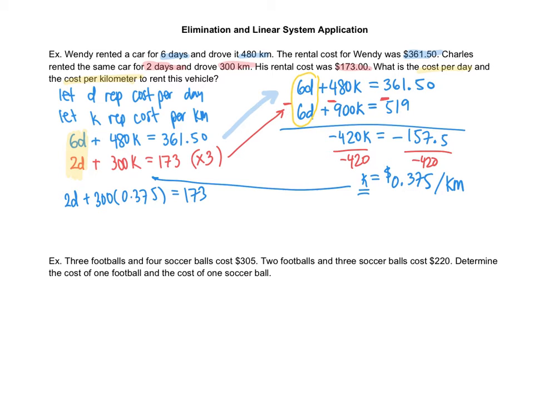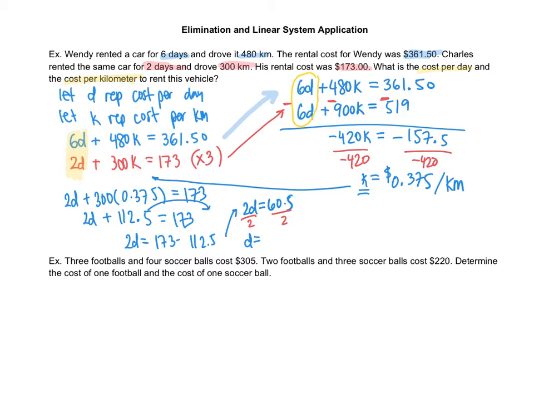When we do the multiplication, 300 times 0.375, you should get 112.5, which we can now bring over to the other side, and it becomes subtraction, so that I get 2D equals 60.5, and like always, our final step is to divide both sides by 2.